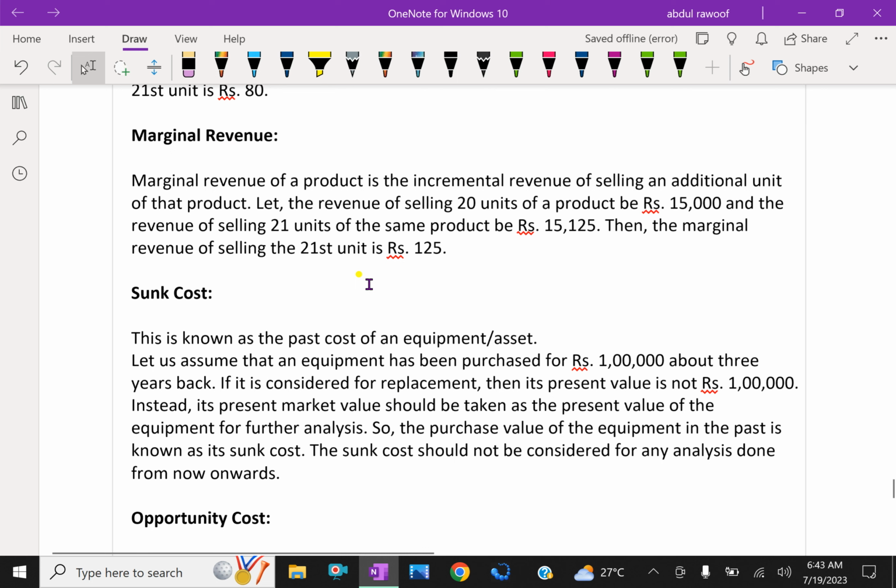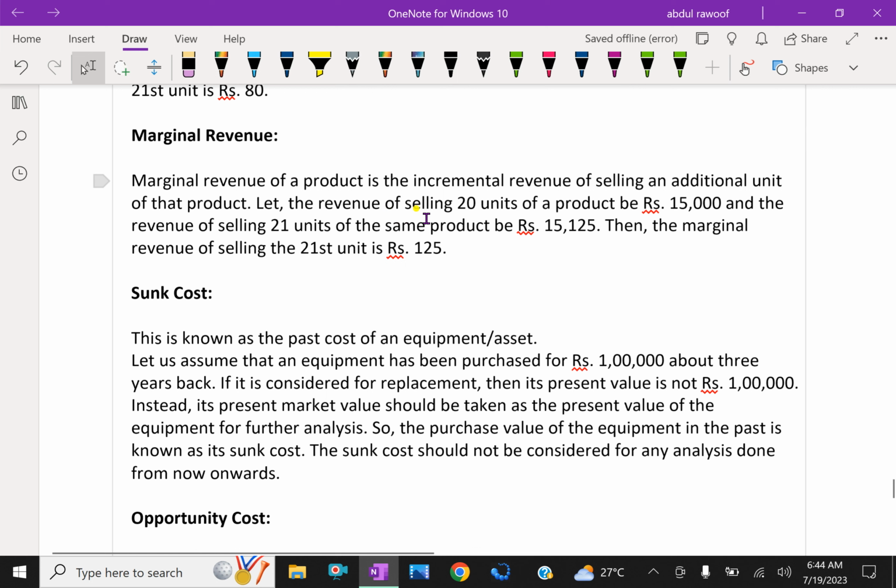Then marginal revenue. The marginal revenue of your product is the incremental revenue of selling an additional unit of that product.